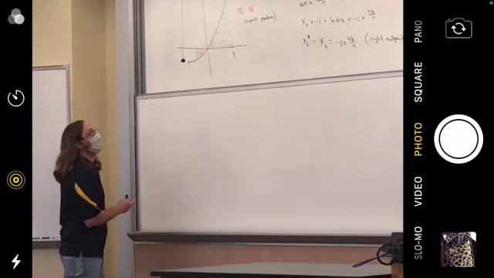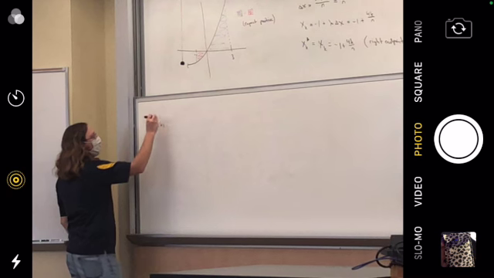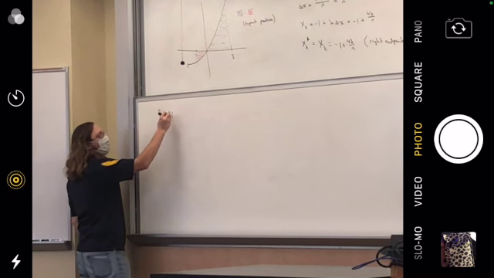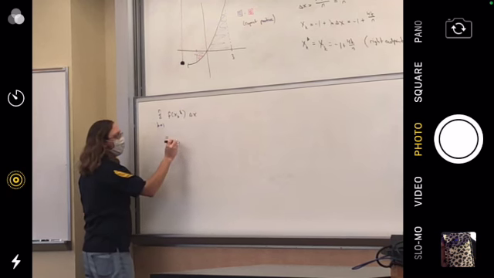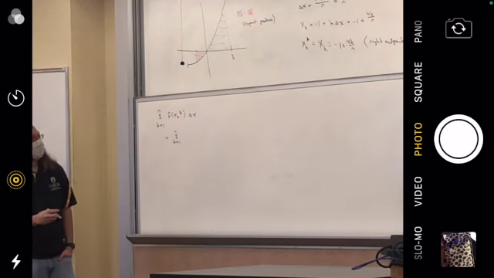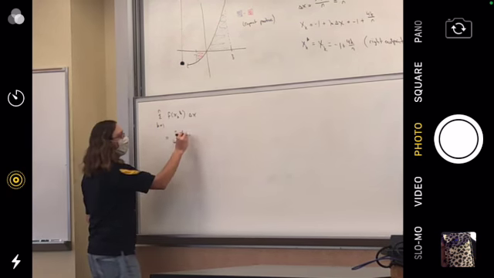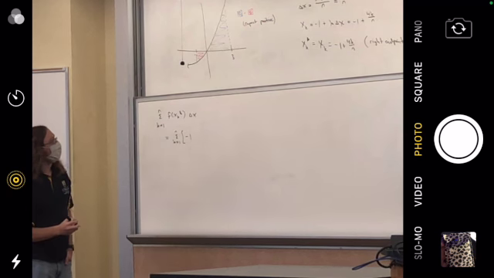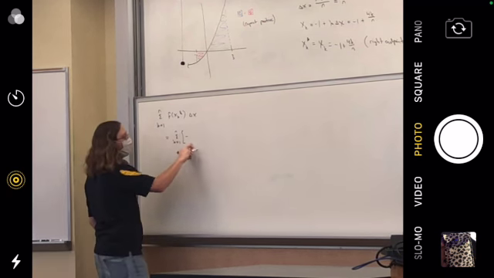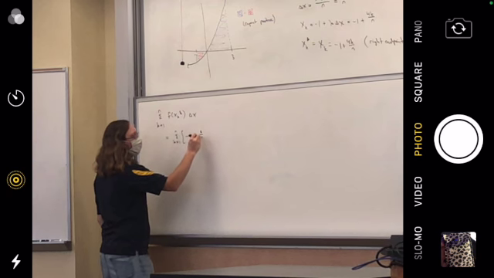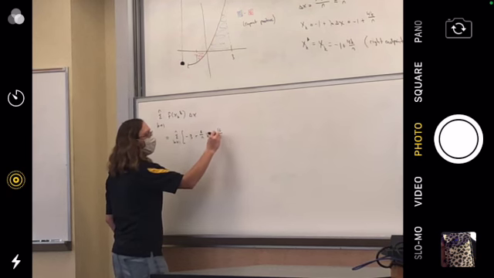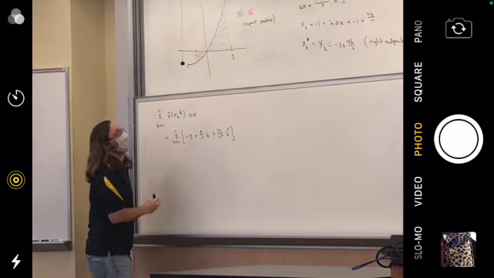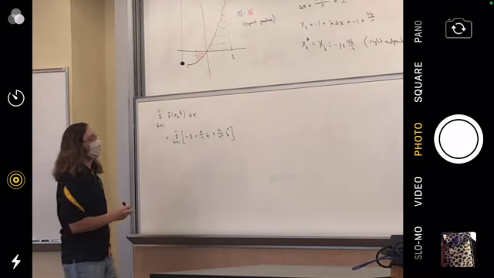So now that I have that, we're ready to do a little bit more. I want to take the sum from k equals 1 to n of f of x_k star times delta x. So we just found this value, that's what we have at the bottom of the board there: -3 plus 8 over nk plus 16 over n squared k squared, times delta x. What was delta x? 4 divided by n.